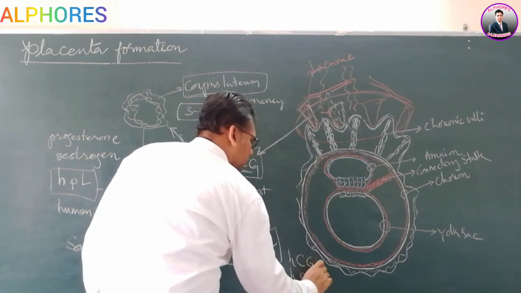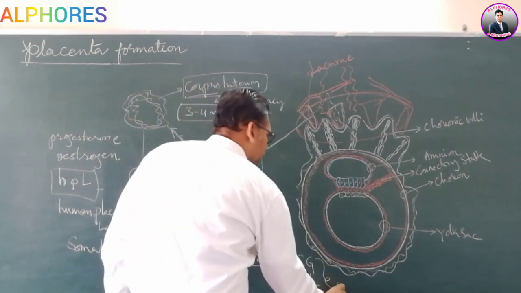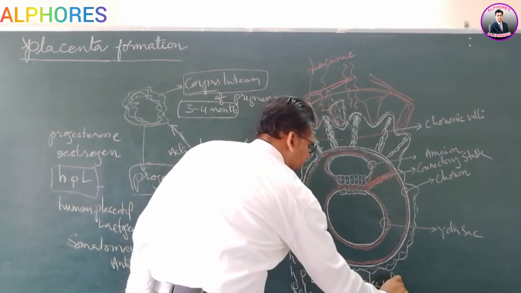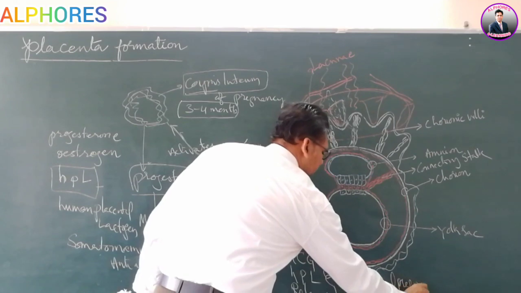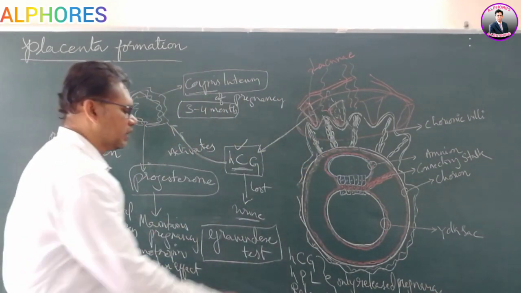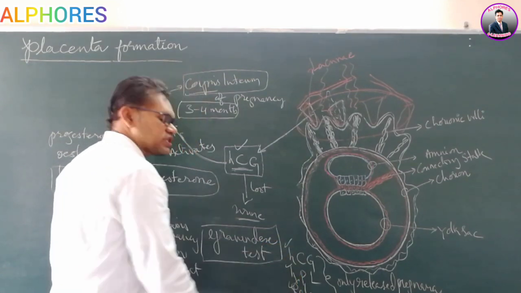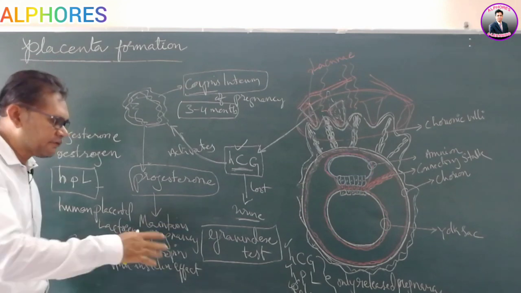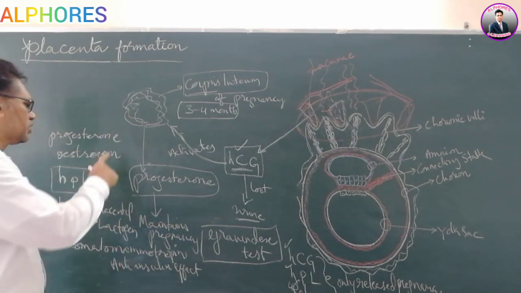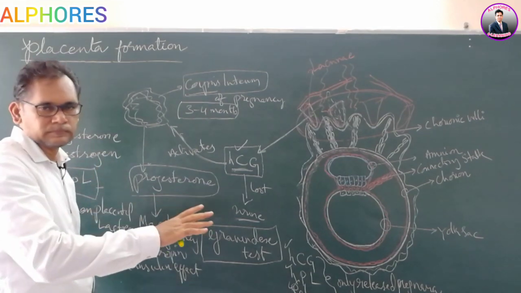Now apart from this, progesterone and estrogen are also released. Now this progesterone and estrogen are useful for maintaining the uterine endometrium.